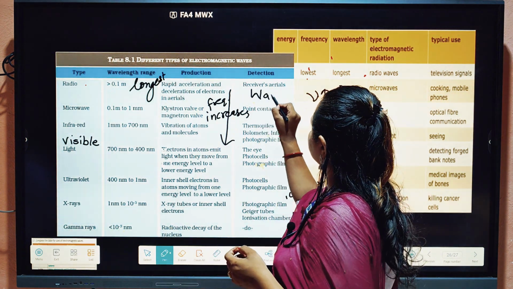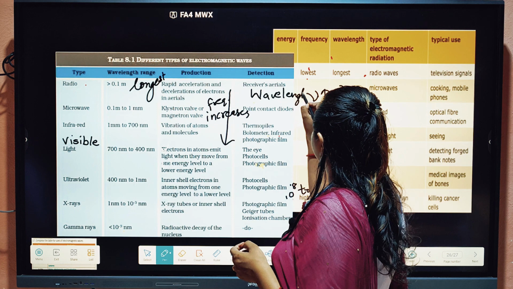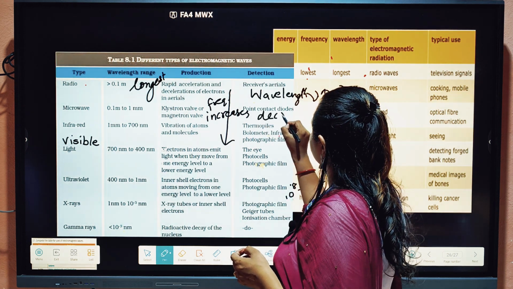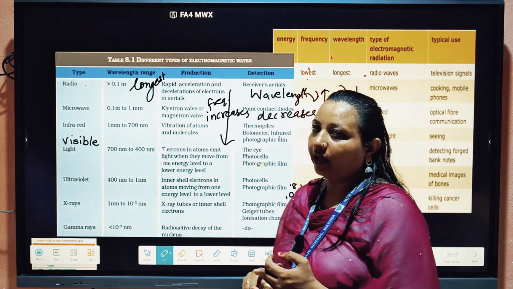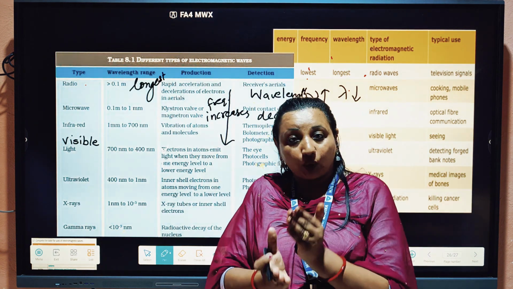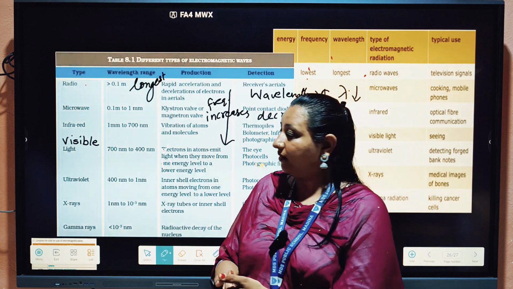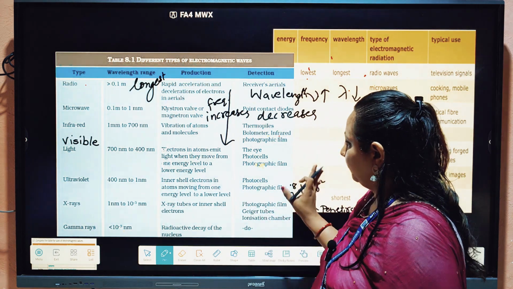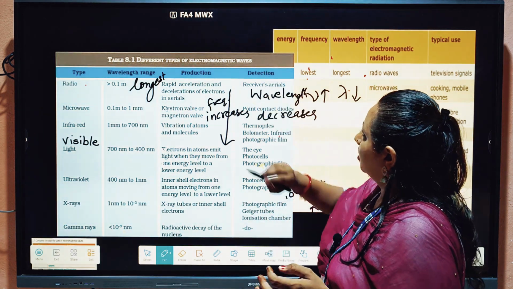Wavelength decreases. So radio waves, what you have to remember is that radio waves have the lowest frequency but the longest wavelength. So this is all about the electromagnetic waves.